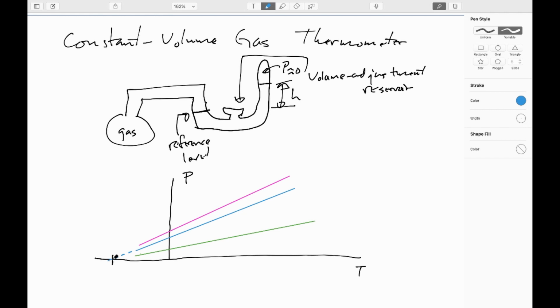But if you interpolate everything out, liquid or solid, and you can get lower and lower temperatures, the less and less dense the gas gets. You find that all of these pressure versus temperature curves that you get for different choices of gas, they all hit a pressure of 0 at exactly the same temperature. And that temperature is negative 273.15 degrees C. So we call this temperature absolute 0.